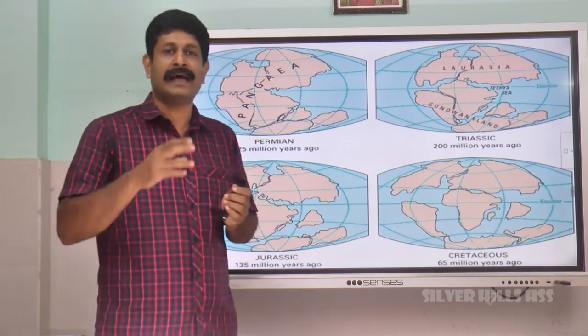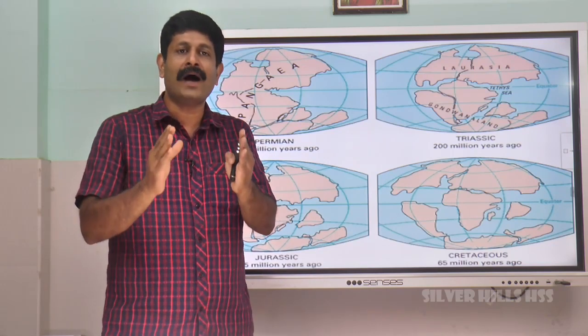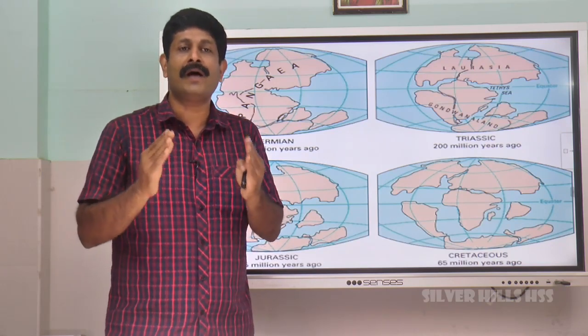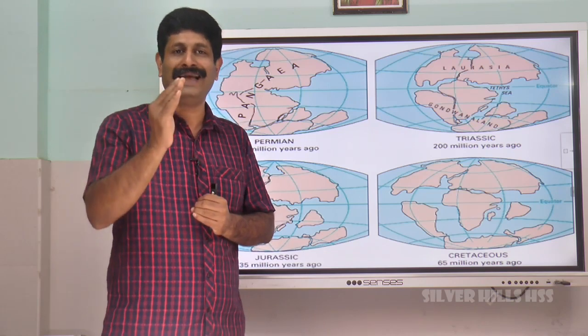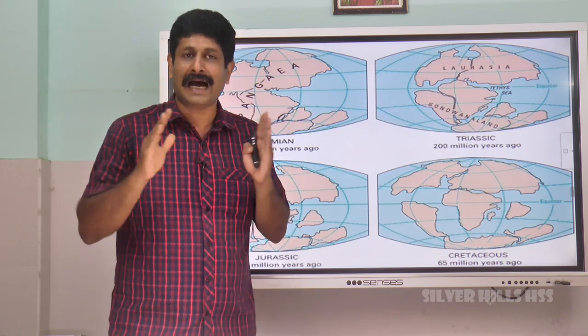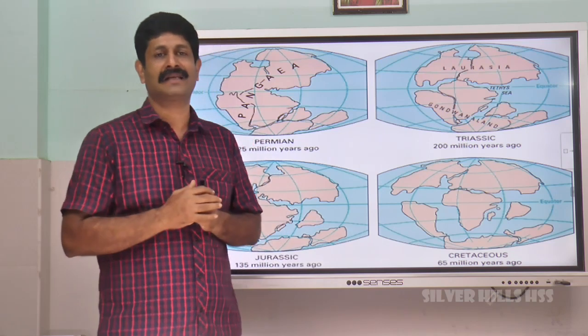According to him, there was one continent, called Pangaea, and the ocean called Panthalassa.